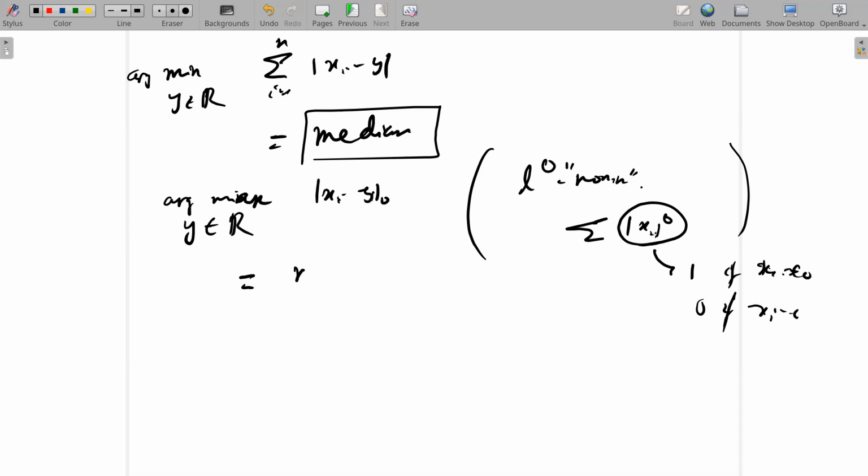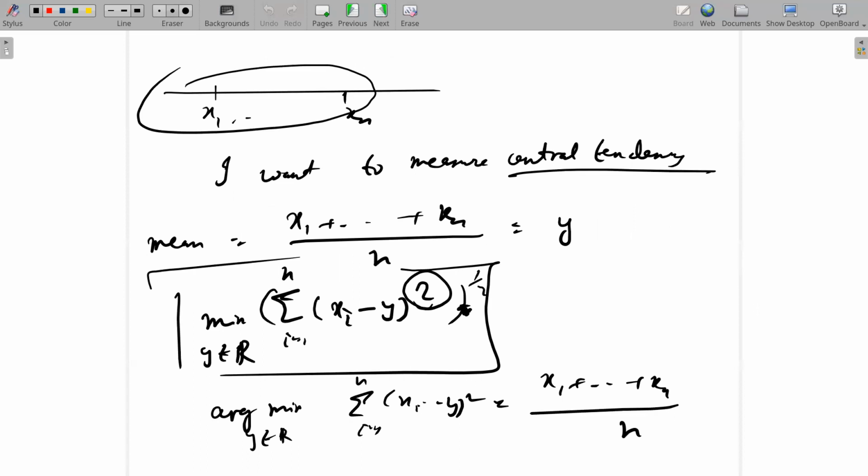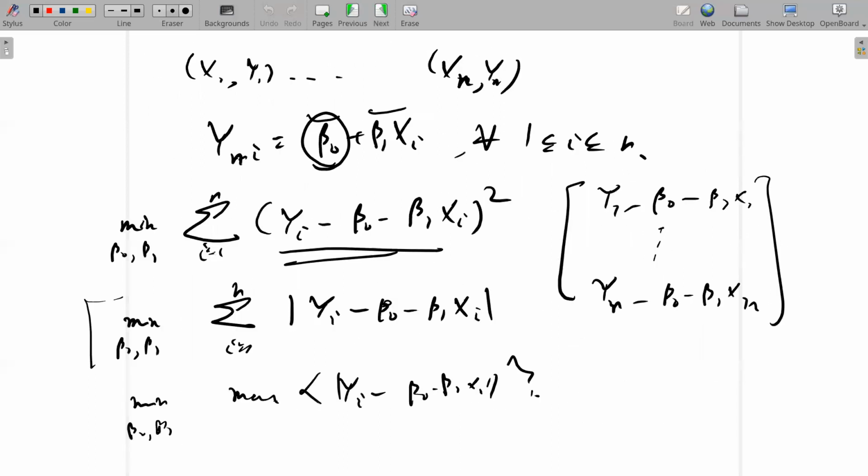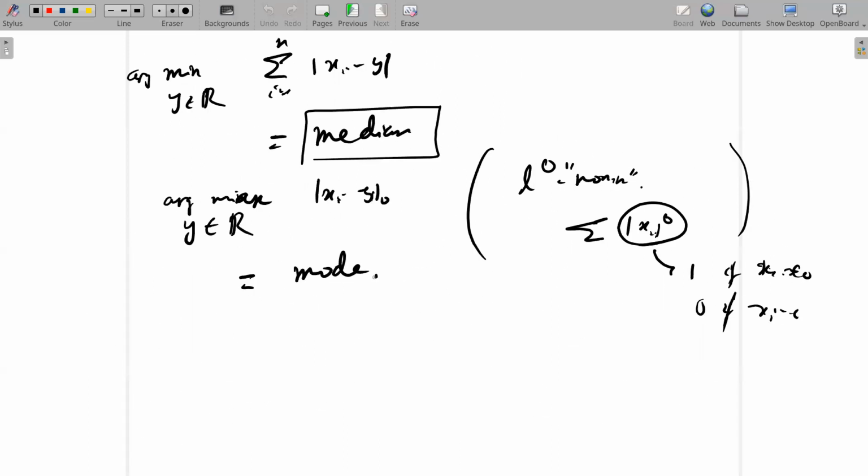In that case, what you get is the mode. The mode is essentially whichever value is repeated the most, and you take that value as your approximation for all of these xi's. So all of these measures that you have seen in statistics can be interpreted in this sense, looking at some LP norm and trying to figure out what is the closest number in that norm.